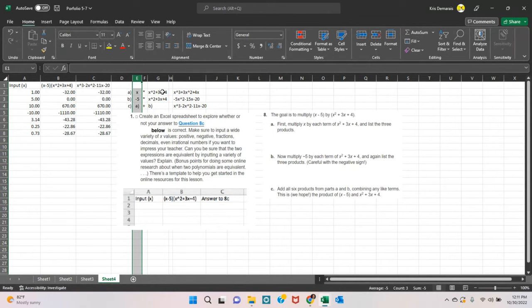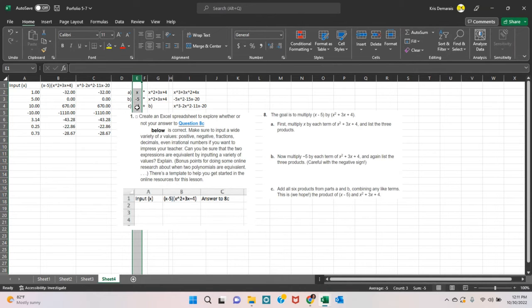So this times this is going to result in this, because -5 times x squared is -5x squared. -5 times +3x is -15x. And then -5 times 4 is -20.